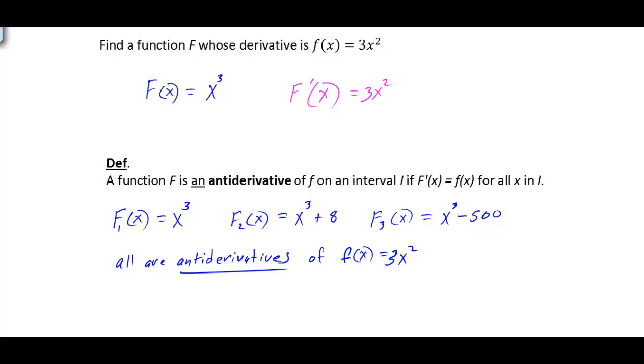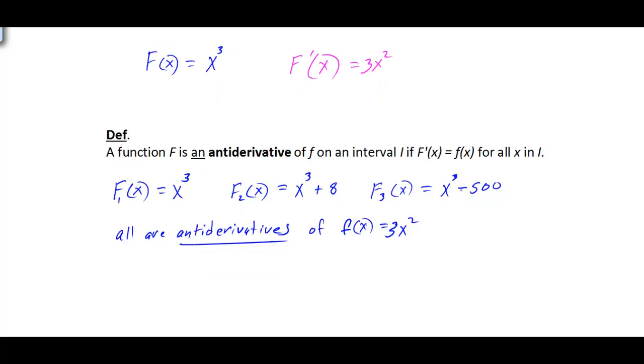So what we're going to have to do to take account for this, why do all three of these work, plus there's infinite more? Because we have a constant term here, plus 8 or minus 500, or here we would have plus 0. We know that when we take the derivative of a constant, it turns out to be 0. So our antiderivative, we could write as F of x is equal to x cubed plus C, where C is a constant.